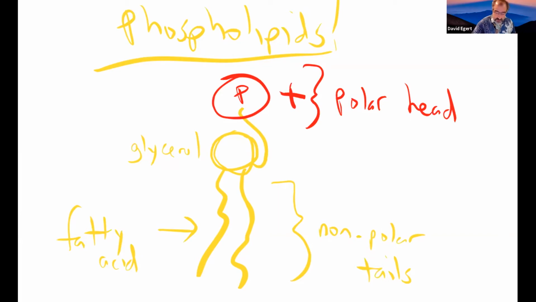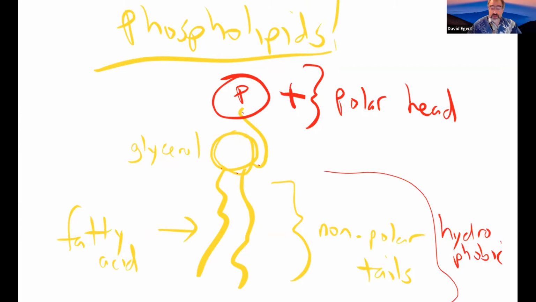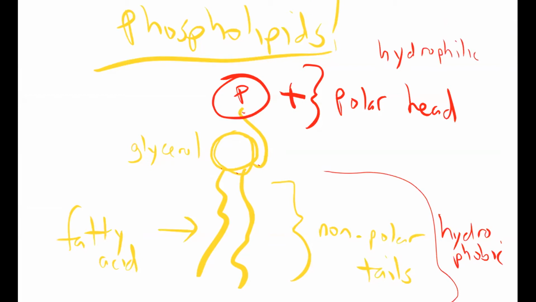So instead of just 3 hydrophobic things hanging off of it, we have this hydrophobic side, these nonpolar tails. But then we have this polar head, which is going to be hydrophilic. This is what we call an amphipathic molecule.